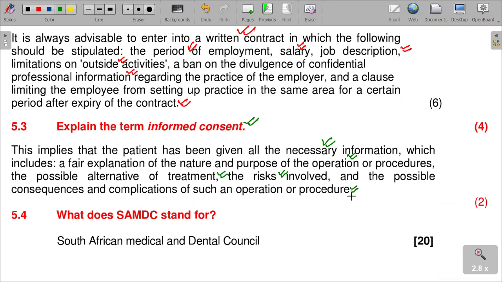So an informed consent is an agreement showing approval of procedures, where the patient has been given all the necessary information with regard to the operation that he or she has to undergo, including the way the treatment is to be done, the risks involved, the consequences that might arise, as well as alternative ways of treating the disease. Therefore, the patient has to approve, and it is always given in writing, which the patient has to sign.